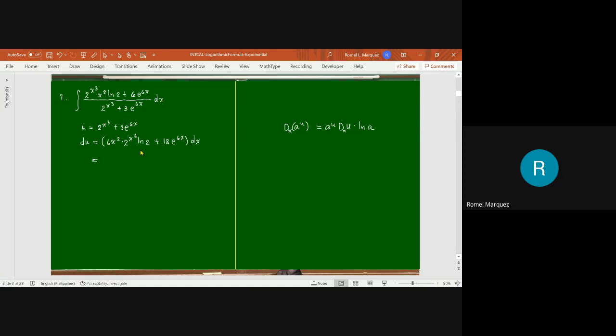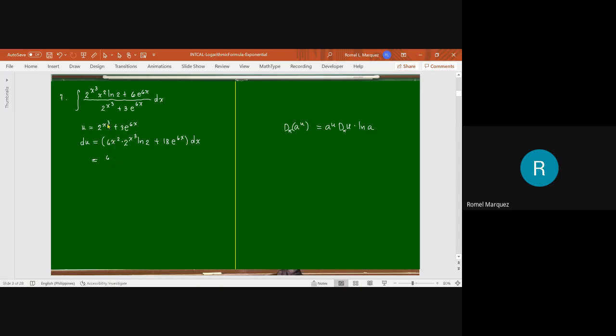Factor out the common factor here. What's common? 2? 6? 6 is the common.